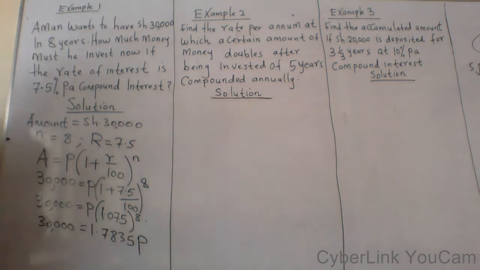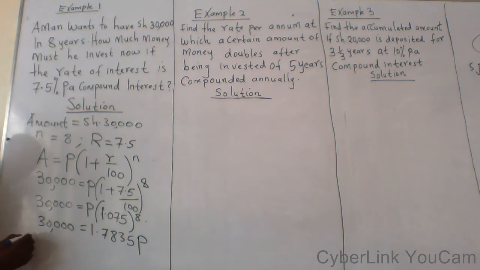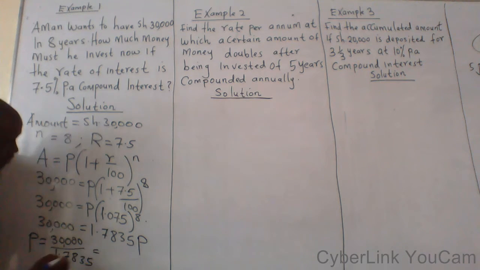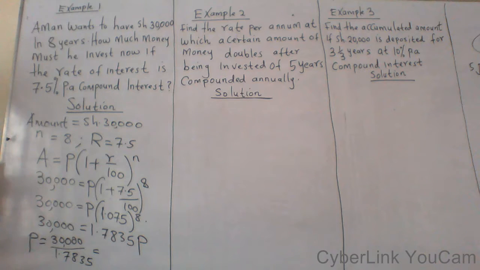That is what you will get. So 30,000 is equal to P times 1.7835. If you divide both sides, then P will be equal to 30,000 divided by 1.7835, so that you can now get the amount of money.